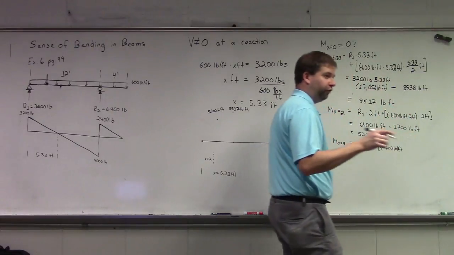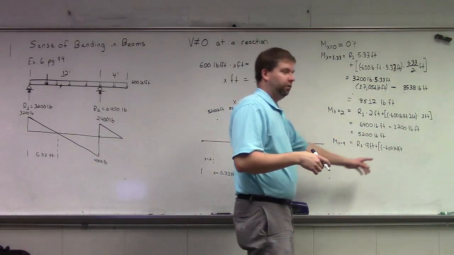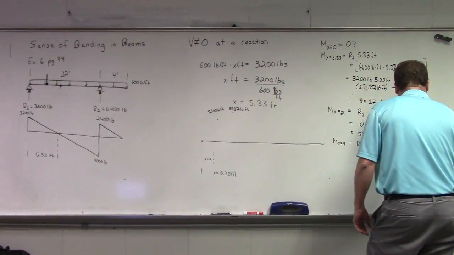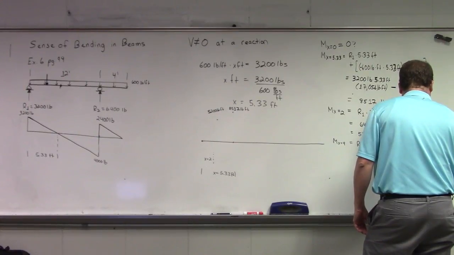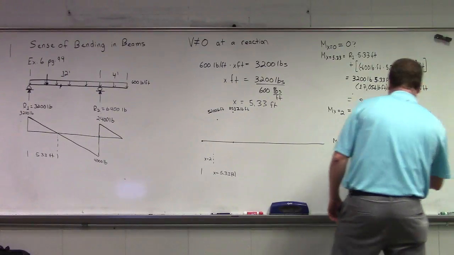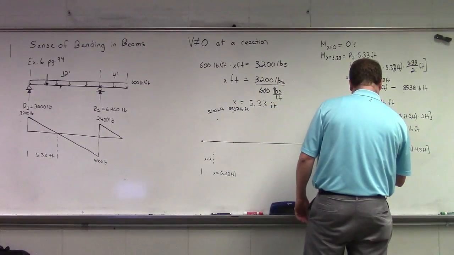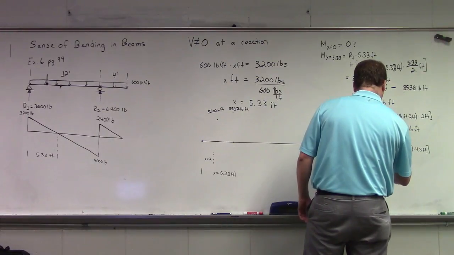Careful, what do we have to do first? I agree with you that 4.5 is your distance, right? But we have to multiply this by 9 feet to get it into a magnitude. Okay. So 27,000 and 1,800, so 28,800 pound-feet.